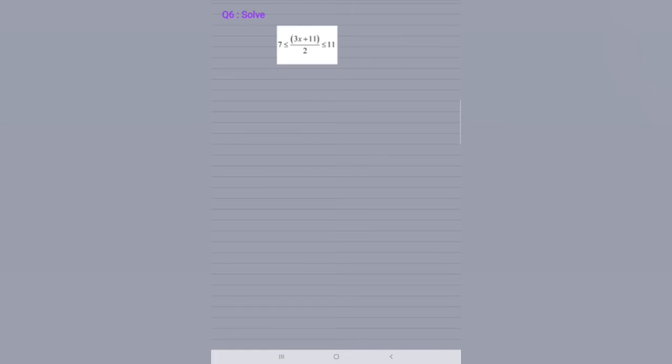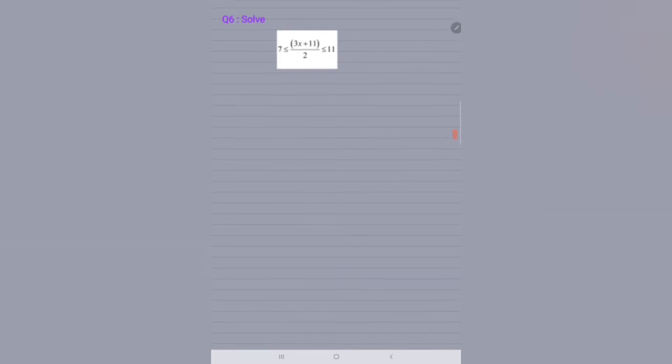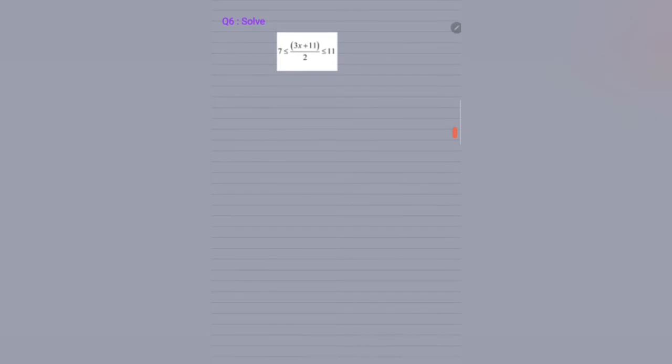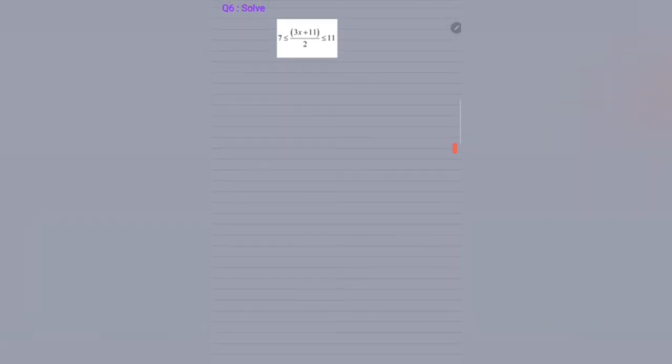Now the same kind of example: 7 less than or equal to 3x plus 11 divided by 2, less than or equal to 11. So the solution is, first of all, multiply all terms by 2.